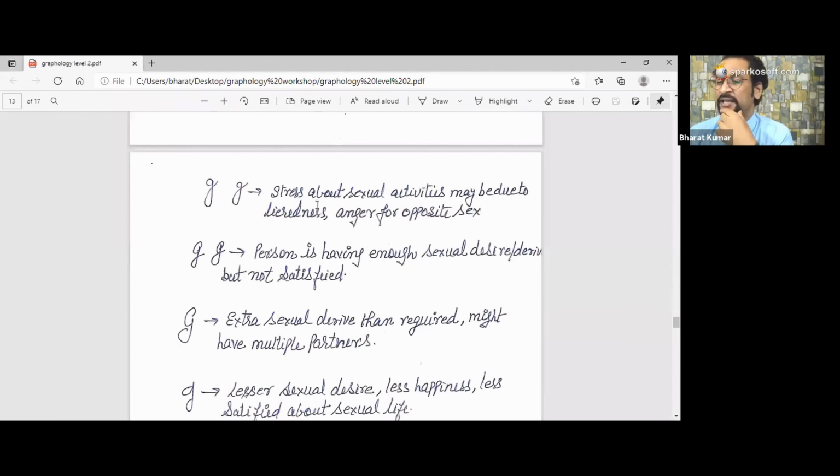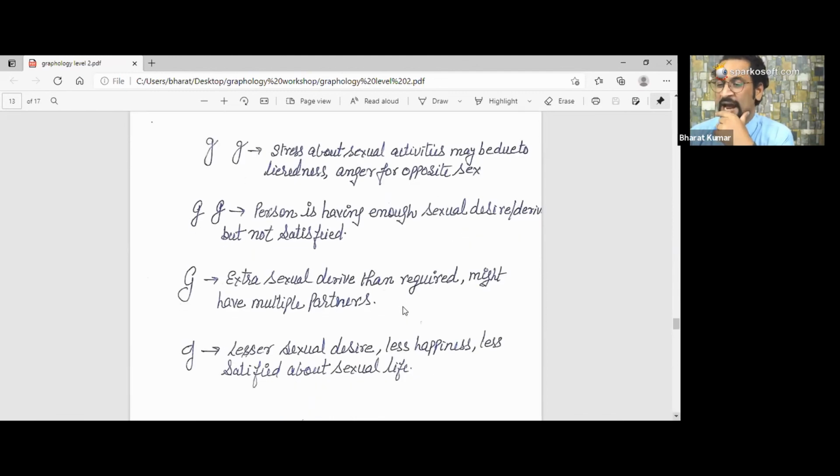So check, there is stress about sexual activities, maybe due to tiredness, or anger for the opposite sex. Now, the lower G, there is actually a hook. There are two hooks in the upper loop. Check. The person has enough sexual desire and sex drive, but is not satisfied.